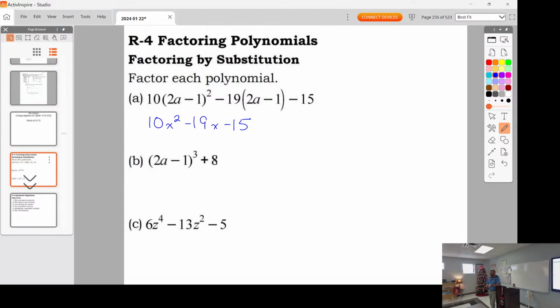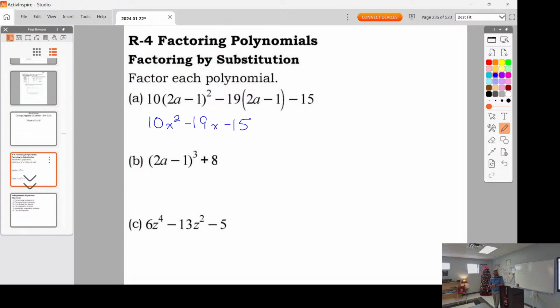How would you feel about factoring that? Can we do it? What would you do? Snowflake it? Okay.